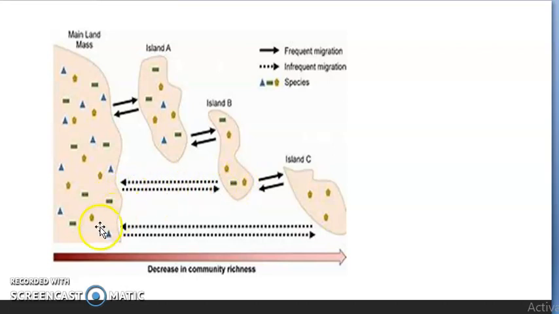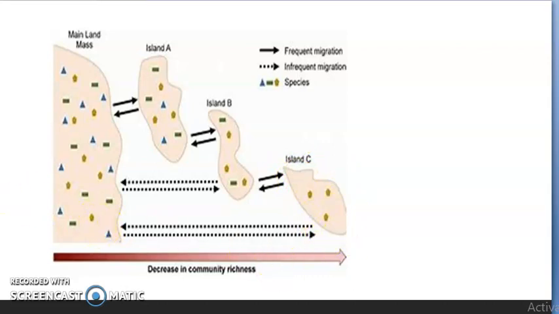If it is closer to the mainland, then there will be richness of species, right? As it becomes very far away from the mainland, there will be less diversity.